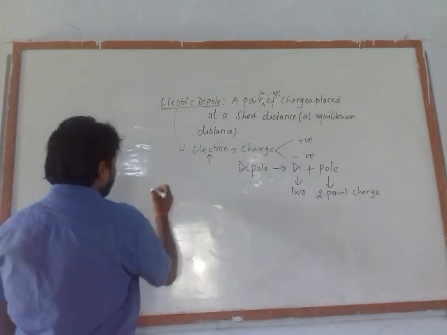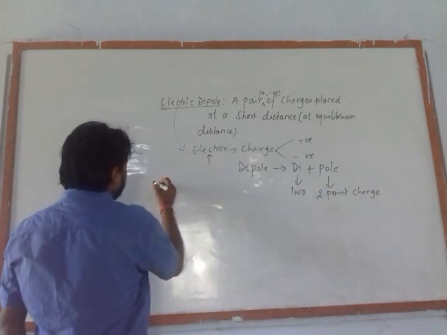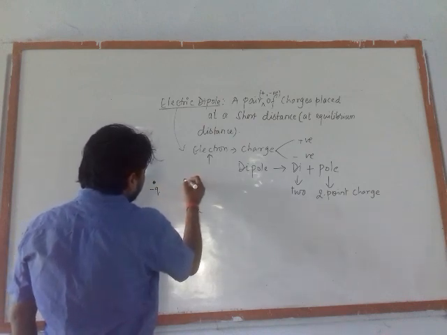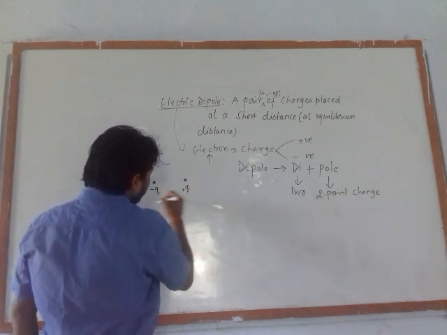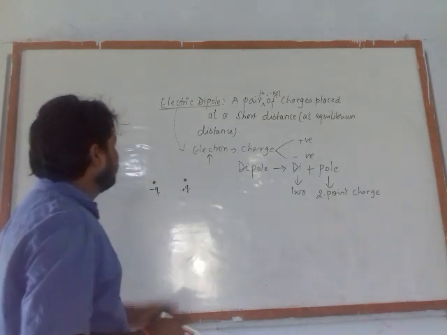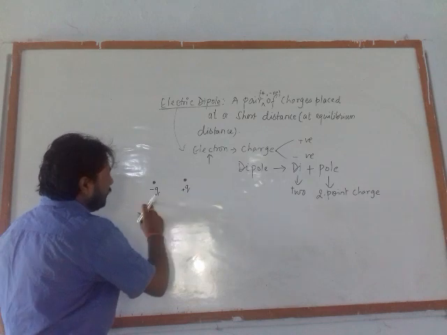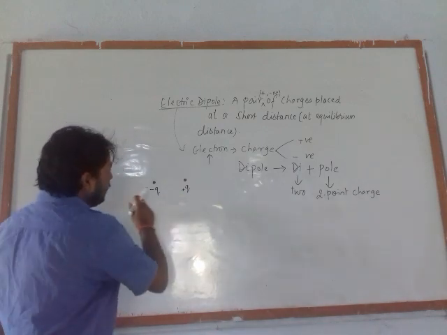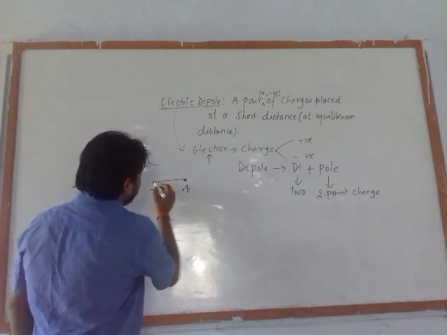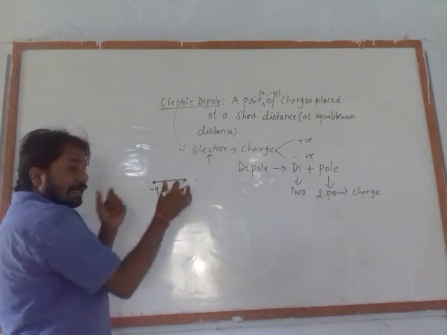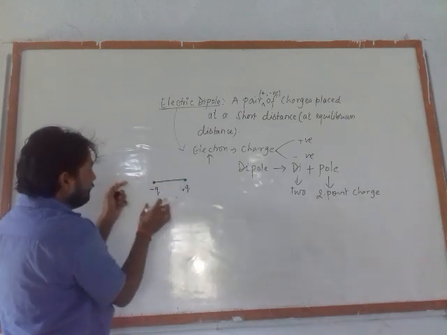In a figure we can see, suppose a negative Q charge and a positive Q charge, their magnitude should be same. The charges have the same magnitude but they have an opposite sign. And they are placed at a short distance. Short distance in the sense that they must have interactions.